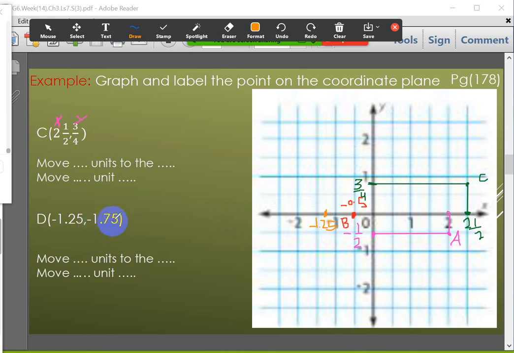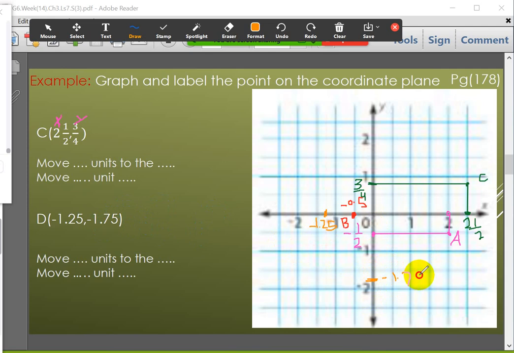What about negative 1.75? This is the y coordinate. It will be down, between negative 1 and negative 2. 0.75 is the same as 3 over 4. That means this is negative 1.75.